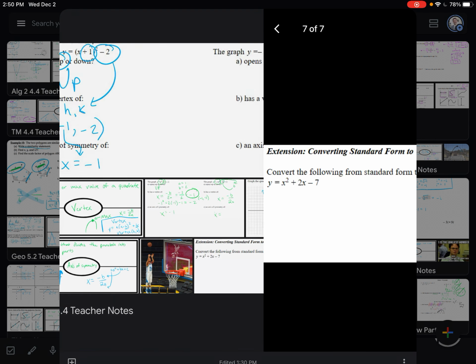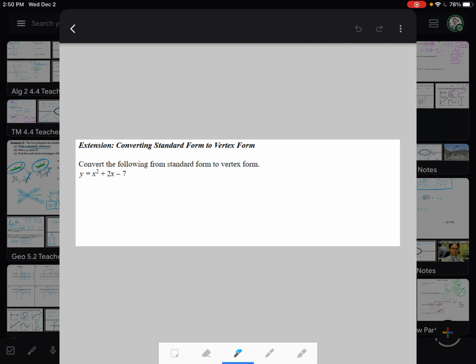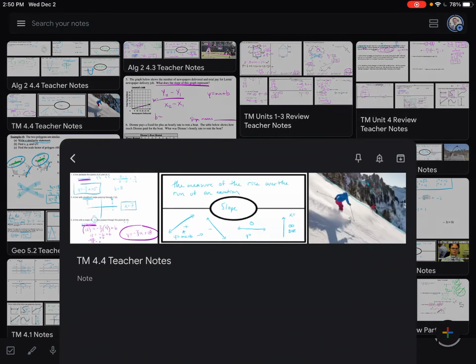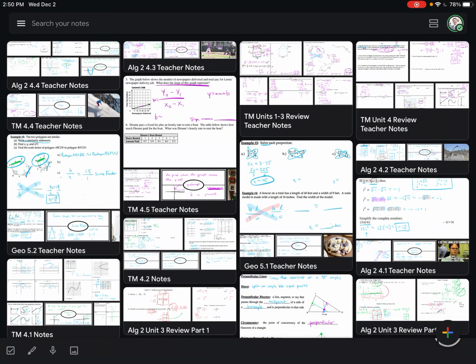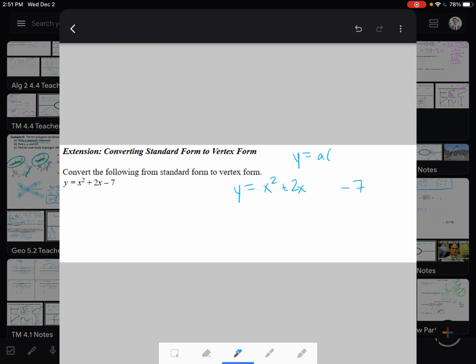The last thing, this is an extension activity for today. If you're familiar with completing the square, basically a very similar format to solving here. So you have y equals x squared plus 2x, and you also have a negative 7. What we're trying to do is get this into that y equals a times x minus h all squared plus k form.